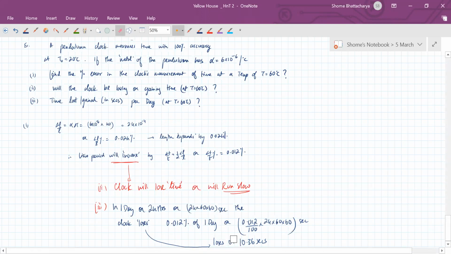So the clock loses about 10.36 seconds per day.